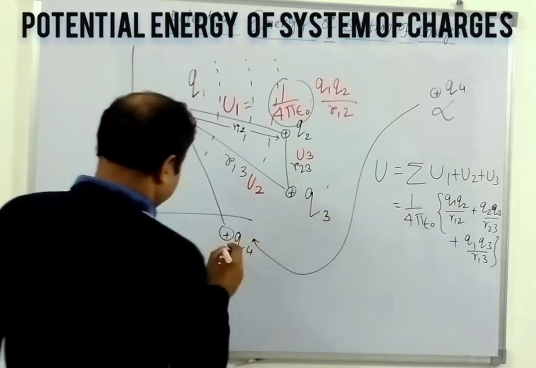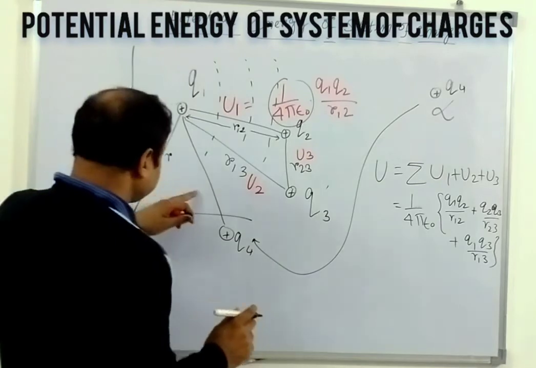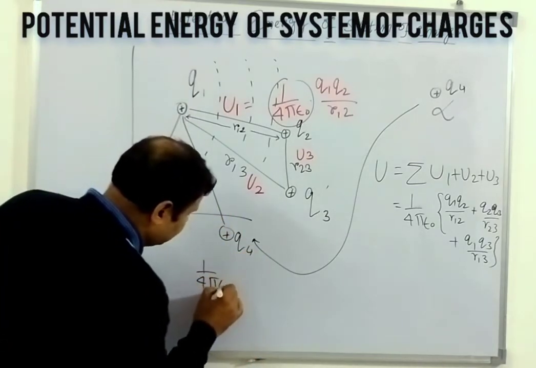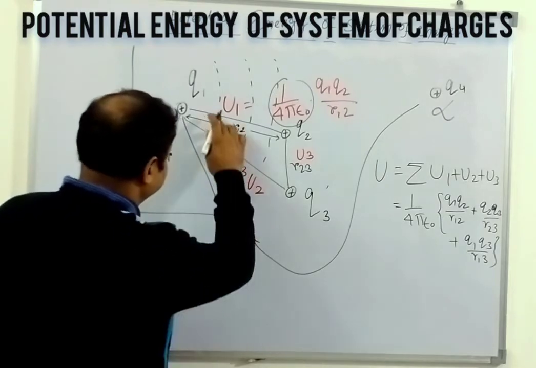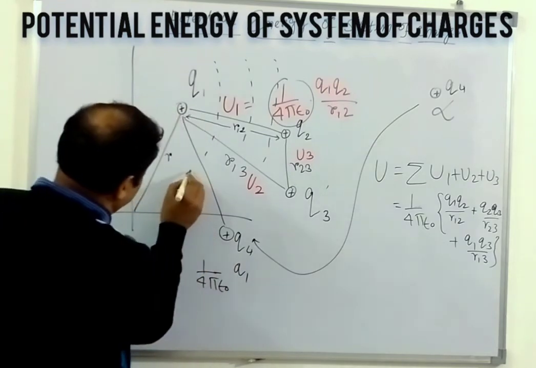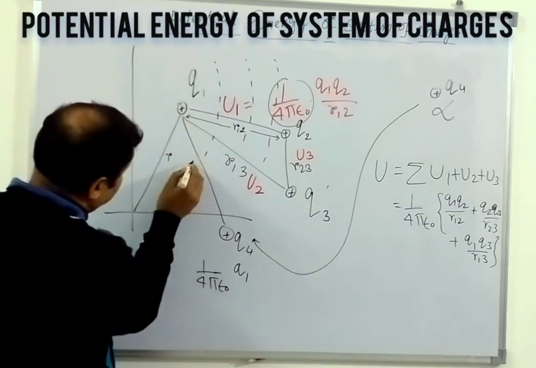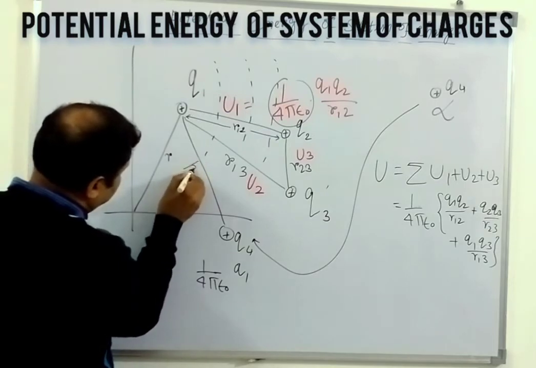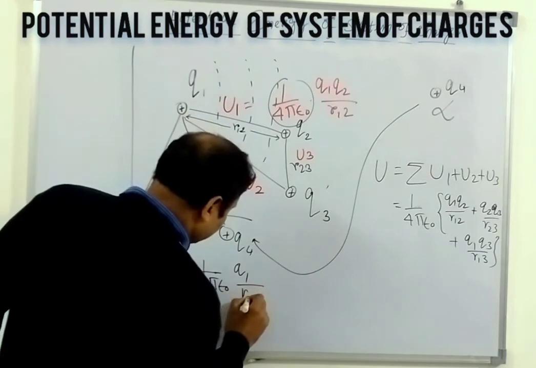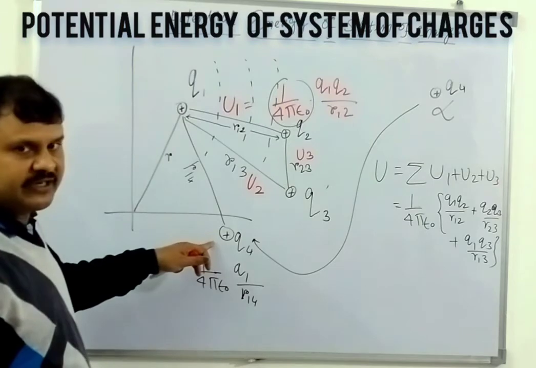We have seen already that the potential due to Q1 will be 1 by 4 pi epsilon naught, Q1 by R14, if the distance between 1 and 4 is R14. So this much potential will be created over here.